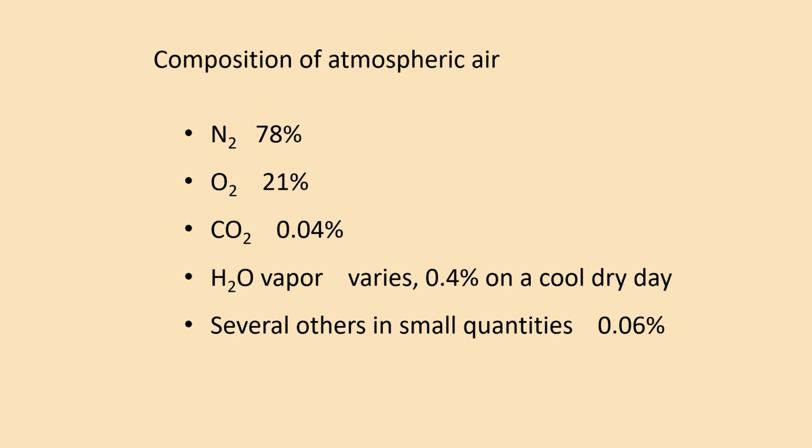The next most abundant substance in atmospheric air is molecular oxygen, O2. It makes up about 21% of atmospheric air. And then notice that there's a giant gap there. Carbon dioxide makes up 0.04% of atmospheric air. There's also water vapor and several other gases in small quantities. These are things like helium, for example, argon.